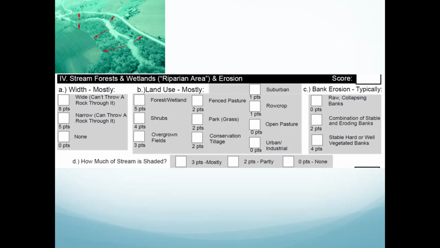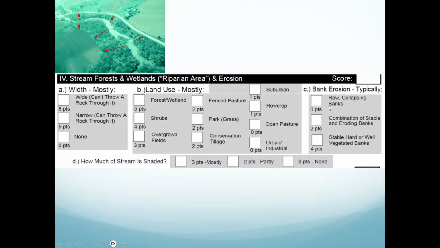And so that's, yeah, looking at forests and streams. Land use, what's the predominant land use surrounding your stream? And so it could be forest and wetlands, shrubs, parks, row crops, pasture, just urban industrial habitat. Go ahead and use your best judgment for that.